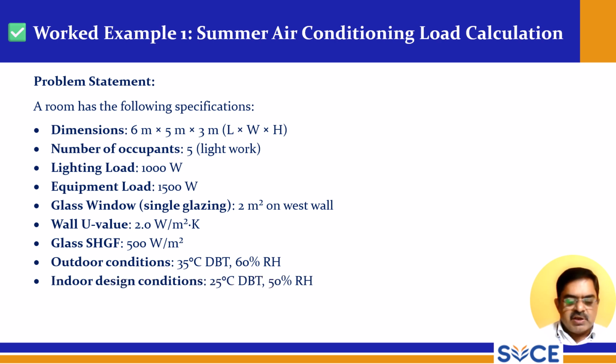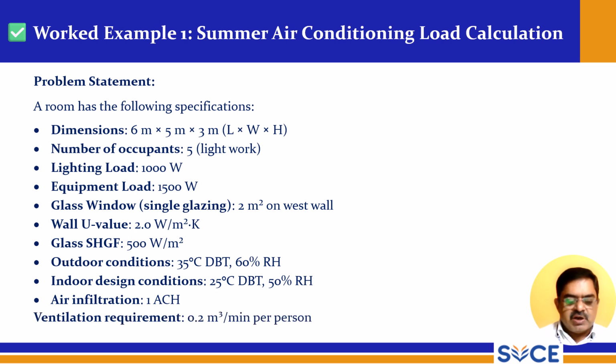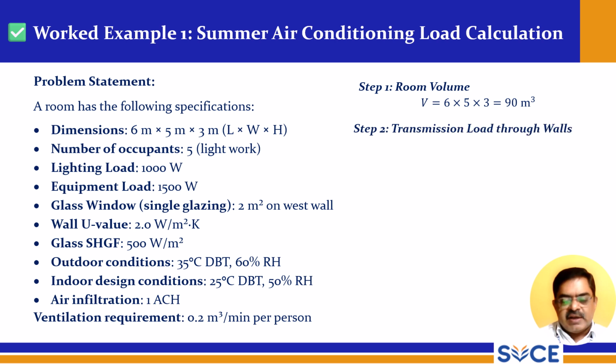Indoor design conditions equal 25 degrees Celsius DBT and 50 percent RH. Air infiltration is 1 ACH, and ventilation requirement is 0.2 meter cube per minute per person. Room volume V equal to 6 into 5 into 3, so that is 90 meter cube.